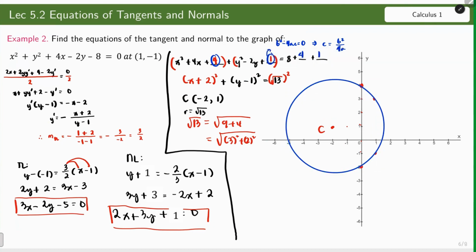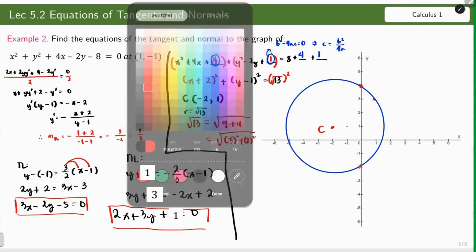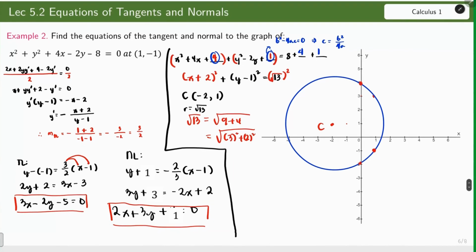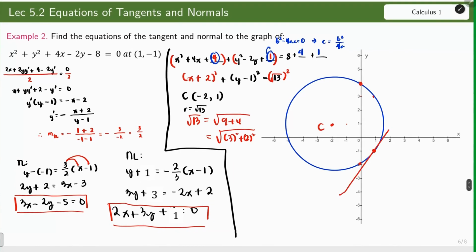Okay, there you go. We have here the tangent line at 1 comma negative 1. So it's here. So we have a tangent, and we just draw it like that. We have 1, 2, 1, 2, 3.